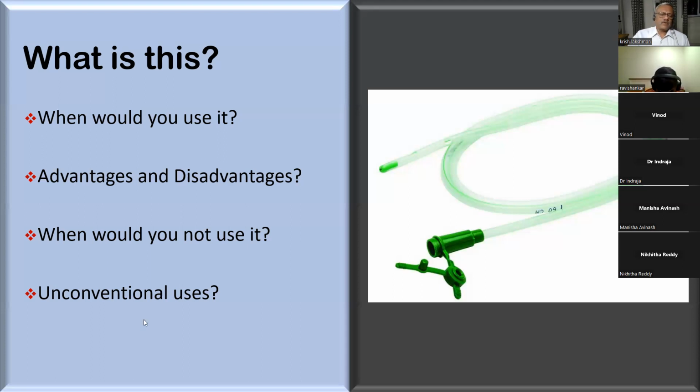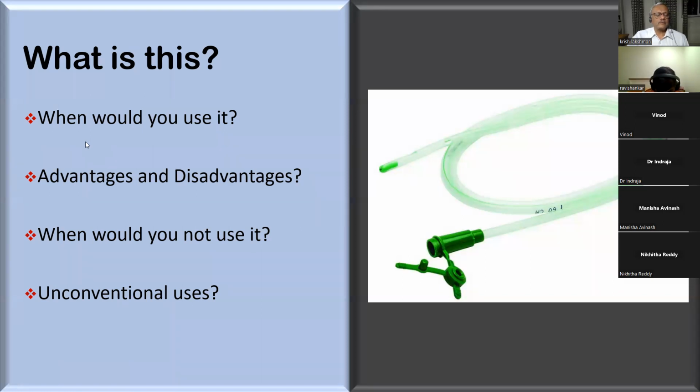All right. What are the alternative uses apart from putting it from the nose into the stomach? Go on. Why are you so quiet, Indraja? Akhil, are you still there?